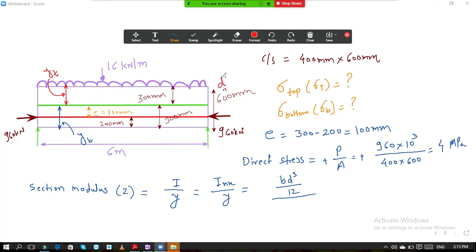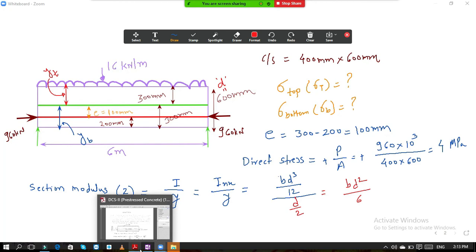This is your d. So y will be d by 2. So if you simplify this, then it becomes bd square by 6. So simple is that. So just put the values, you will get the value of section modulus.